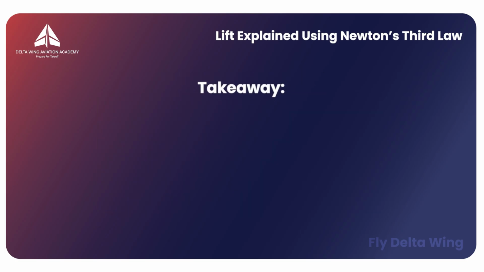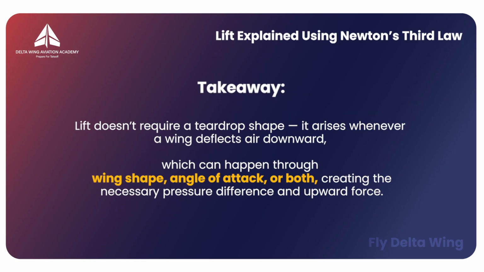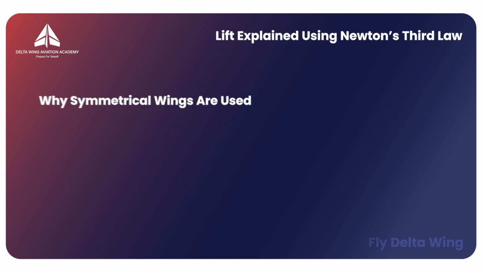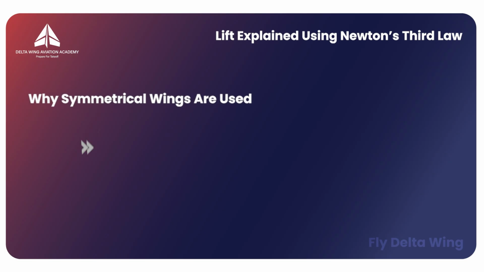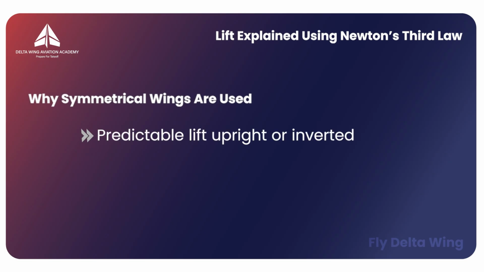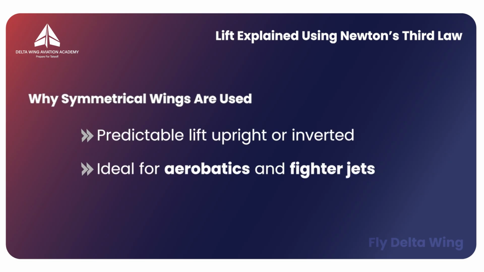Takeaway: lift doesn't require a teardrop shape. It arises whenever a wing deflects air downward, which can happen through wing shape, angle of attack, or both, creating the necessary pressure difference and upward force. Why symmetrical wings are used: predictable lift upright or inverted, ideal for aerobatics and fighter jets, handles high angle of attack safely.